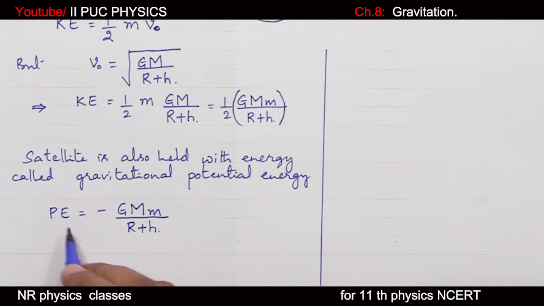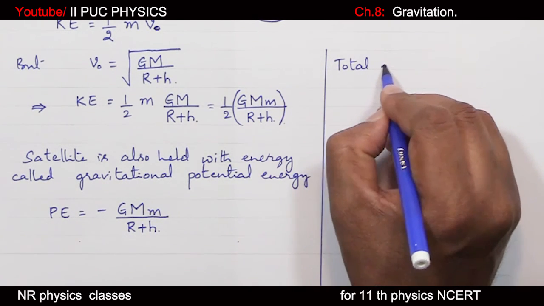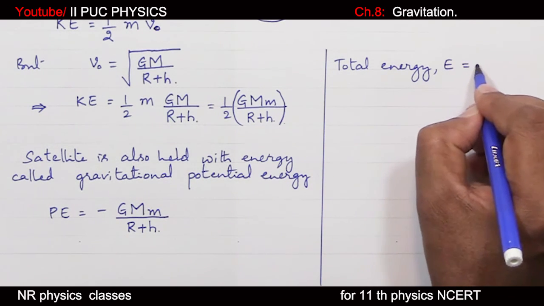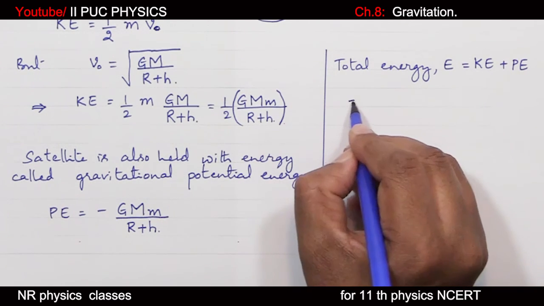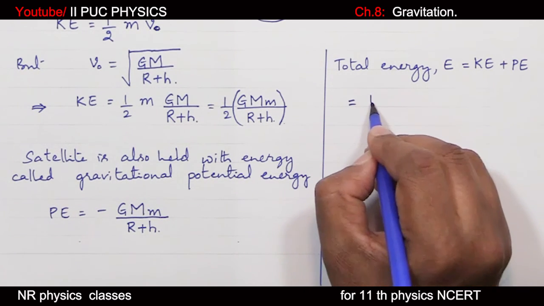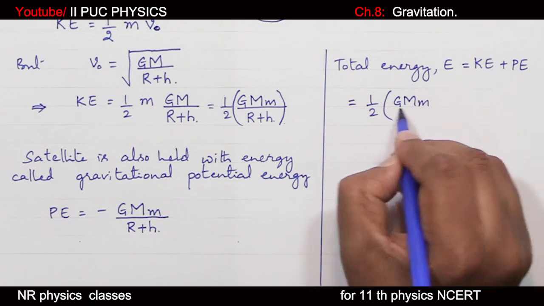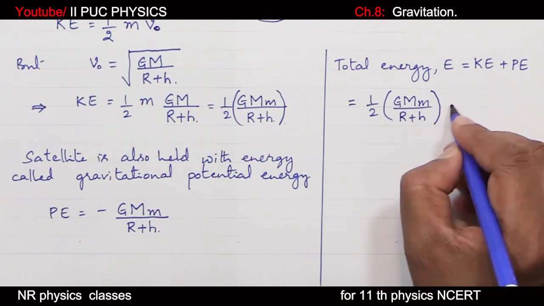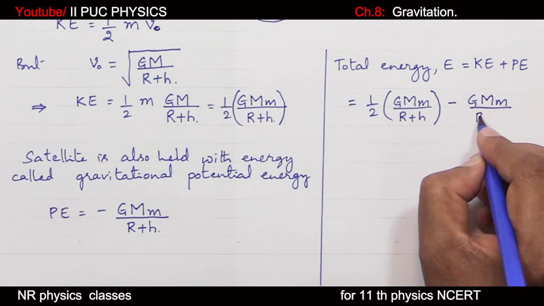So what is total energy of the satellite? It is sum of kinetic and potential energy. Total energy E equal to kinetic energy plus potential energy. Kinetic energy is half GM by r plus h. Potential energy is minus GM by r plus h.